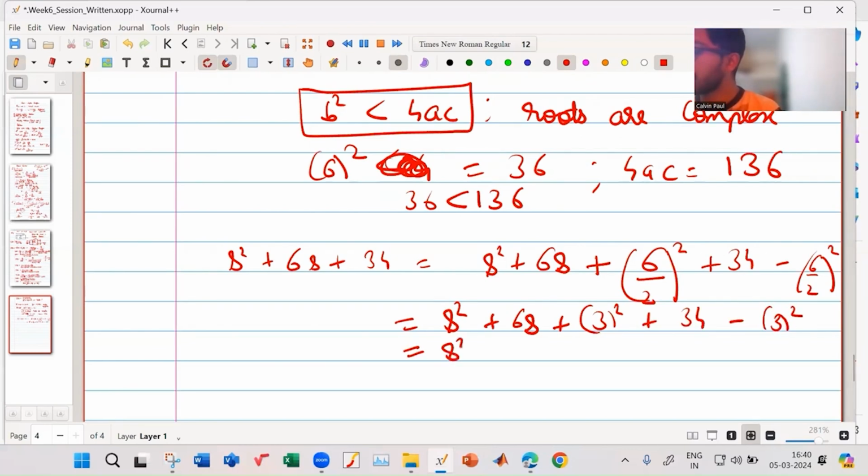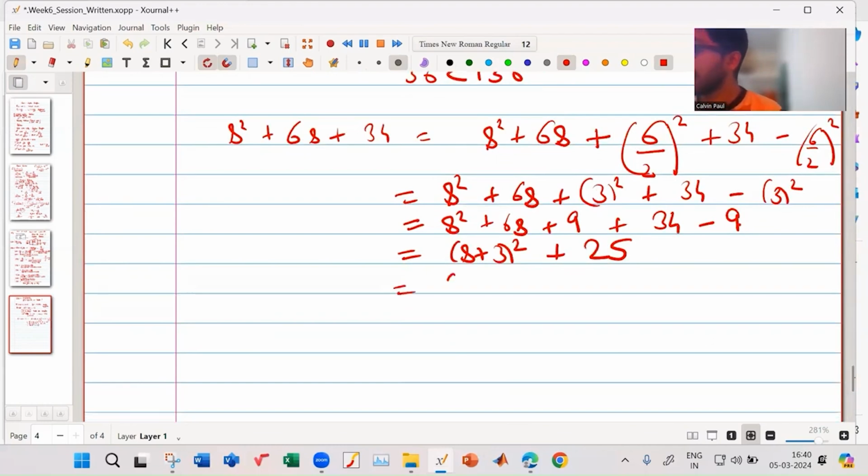That comes out to be S square plus 6S plus 9 plus 34 minus 9, which is (S plus 3) the whole square plus 25, which we further write as (S plus 3) the whole square plus 5 square.